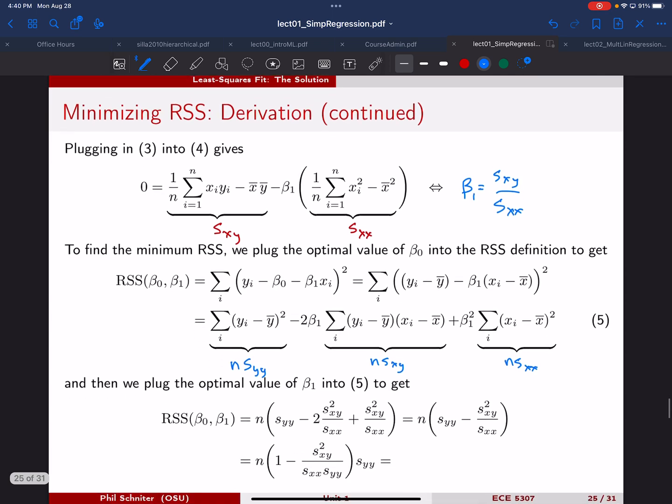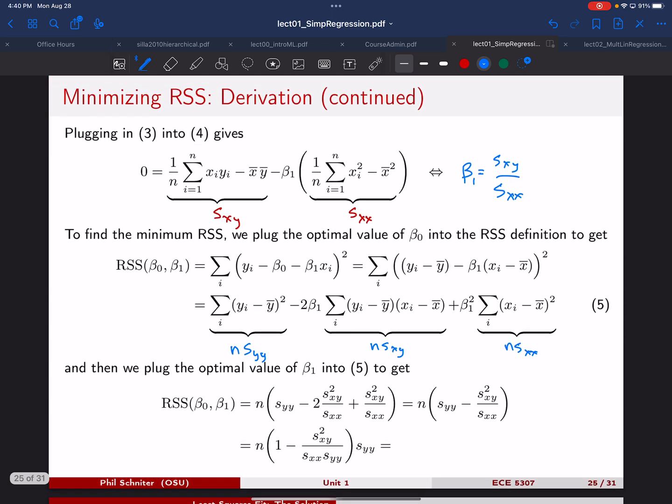Okay, and if we do one more thing, which is plug in this expression for beta 1 here and here, you can see we have, okay, this is the first term here. The second term, we're going to have minus 2 times this times this. So we get SXY squared in the numerator and SXX in the denominator. The last term, we have this guy squared times this.